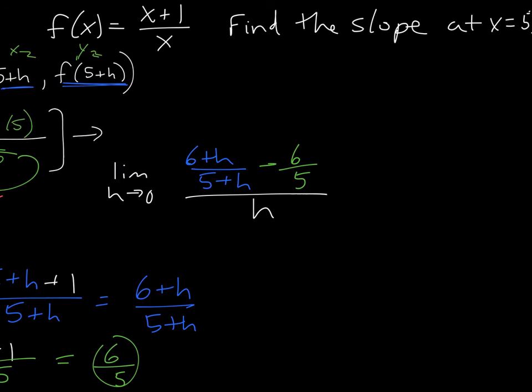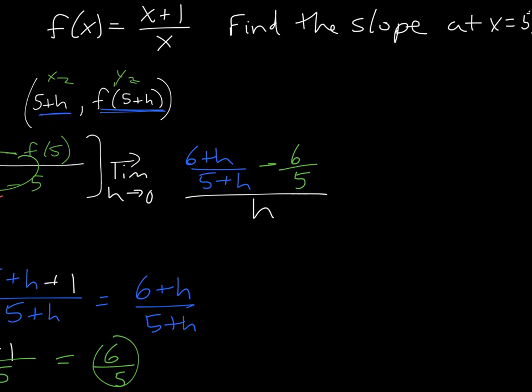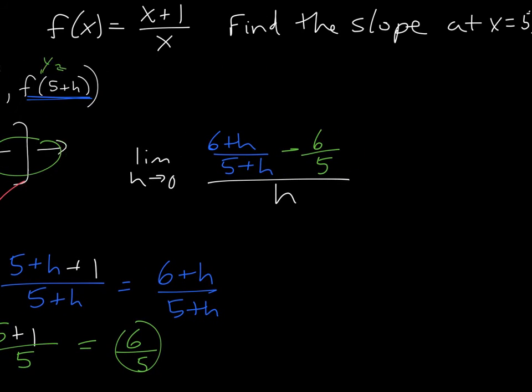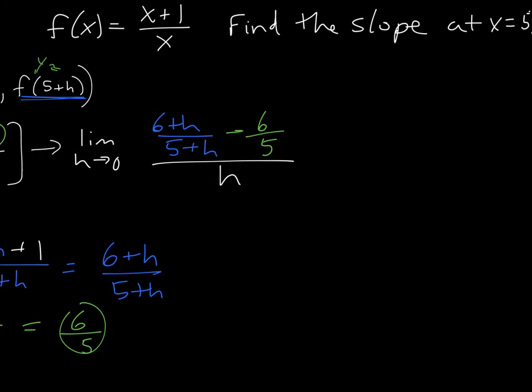So I'm going to give myself some more room here. There we go. So I'm working with this, and I'm going to try to get common denominators in my numerator. So I'm going to multiply by 5 plus h. And if you're feeling confident at this point, pause the video, try it, scroll to the end, and check your work.